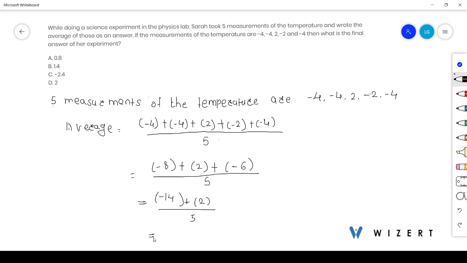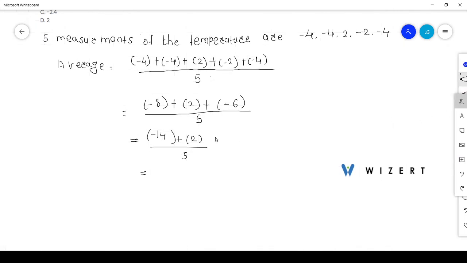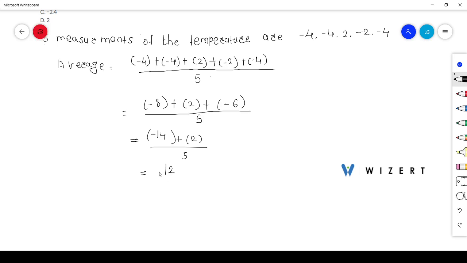As here in the addition, the signs of the two integers are different, so do the subtraction here. That is, -14 plus 2 means 14 minus 2, so it is 12. And then the sign of the bigger integer is minus, so attach that sign to that answer. So it is -12 by 5.